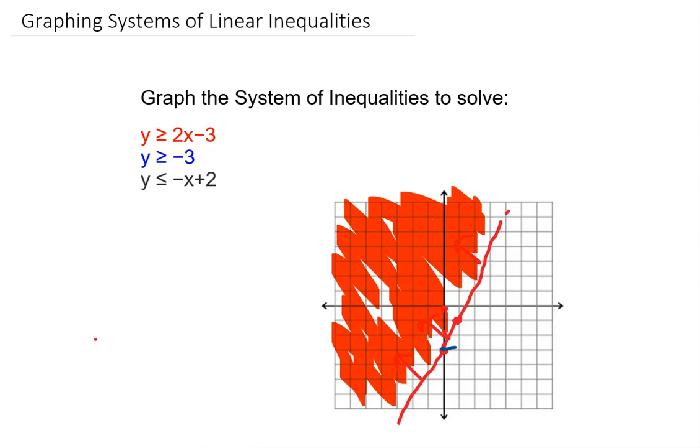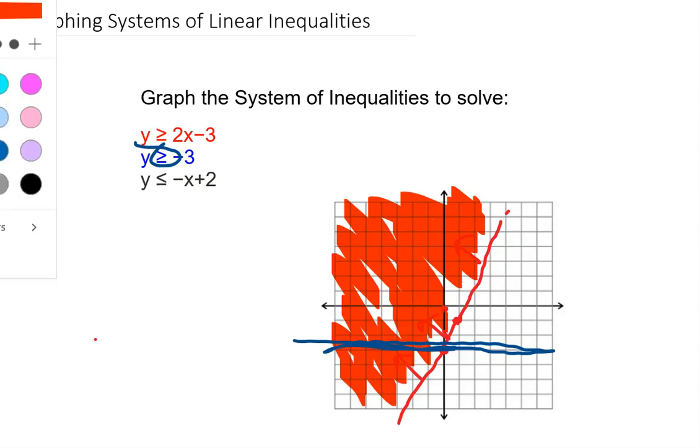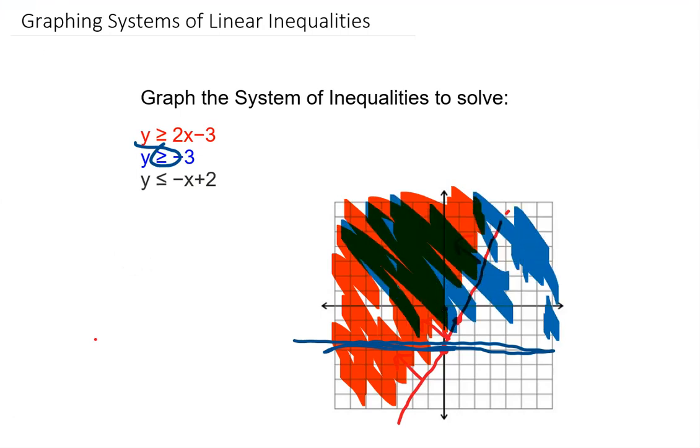And it's going to be a solid line going across since it is greater than or equal to negative 3. So I have a solid line here. And now to shade it, since it's greater than negative 3, I know for y to be greater than negative 3, it's got to be everything above that line. So I'm going to shade everything above that line.